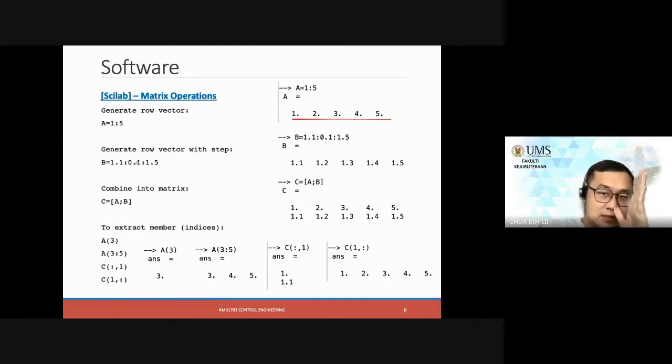By default it will increase one by one, but if you would like to increase by a certain step, let's say 0.1 every time, or maybe 0.2 every time, you just put dot dot 0.1 or 0.2 dot dot. It will generate accordingly.